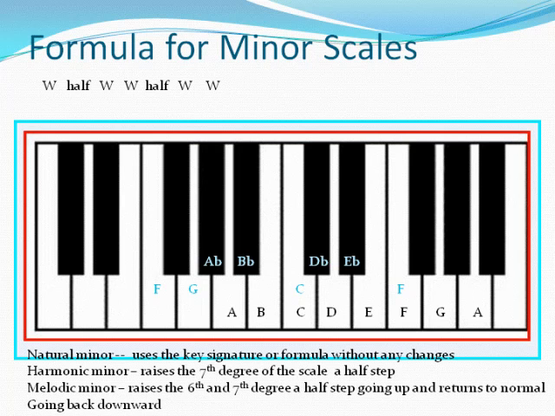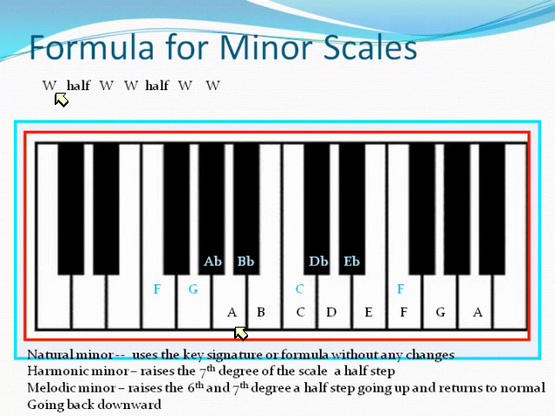Okay, so let's take a look at the formula for the minor scale. I've got the letter names of what we need already written out here, but I want to show you the intervals, or the whole and half steps needed. For an A minor scale, we're going to start on A. So that's the first note.